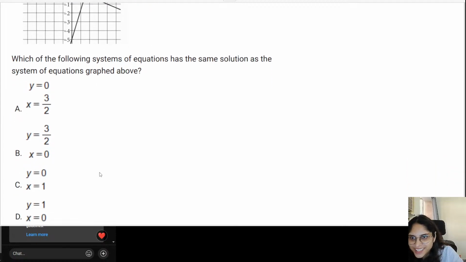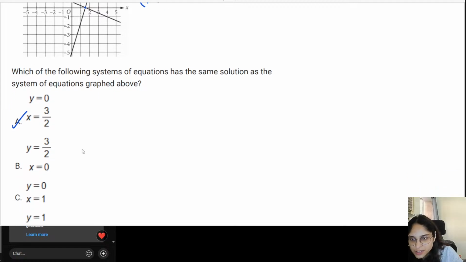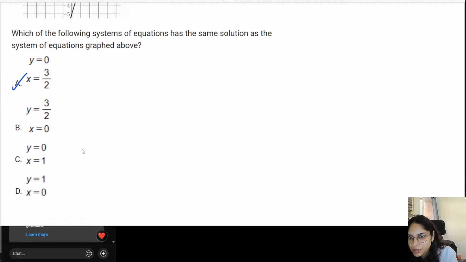If you look at A, y is 0, x is 3 over 2, that is 1.5. This works. If you look at the next one, y is 3 halves, x is 0, that is not going to work. Your y should be 0 because you're on the x-axis. So wherever y is not 0, those options are gone. And then your x is between 1 and 2, it is not equal to 1, so this option is also gone. So just option A.